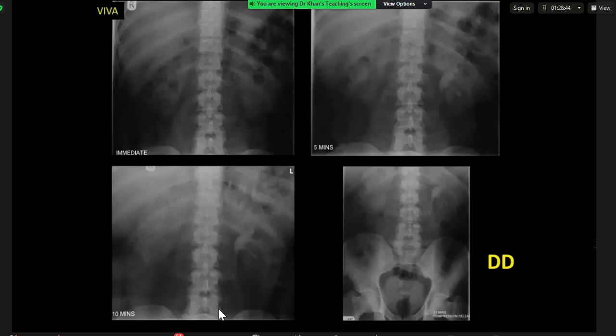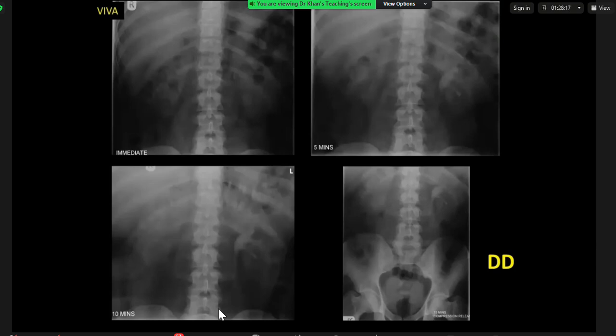So I would be suspicious, in the right clinical history, of an obstructed right kidney. I think that it is still there. I can make out a renal shadow on the first image. The kidney is there. So your suspicion is of an obstructive uropathy, is it?